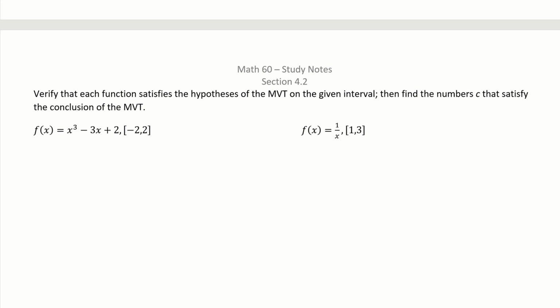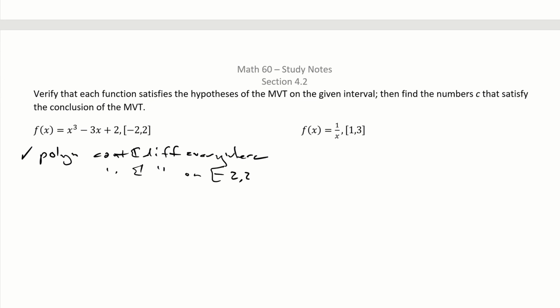First of all, you can notice that it's a polynomial, in this case, is continuous and differentiable everywhere. In fact, is that the same problem we just did? I don't know. Okay, so the hypothesis, so it's definitely continuous and differentiable on our interval -2 to 2.